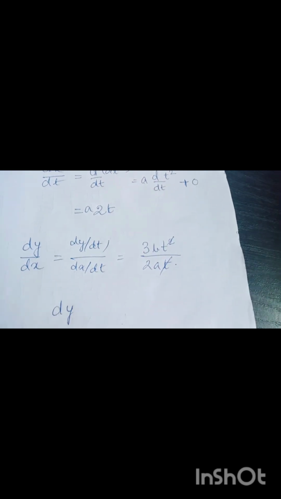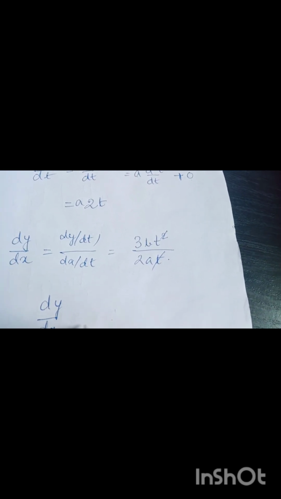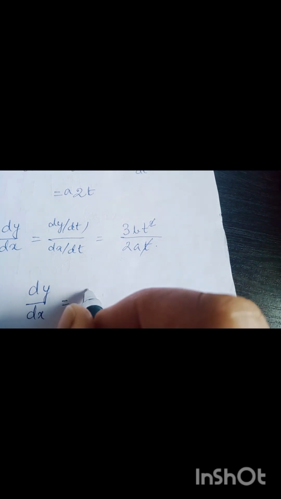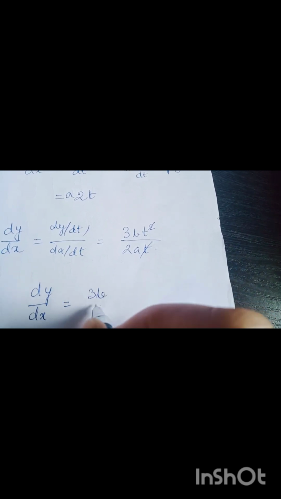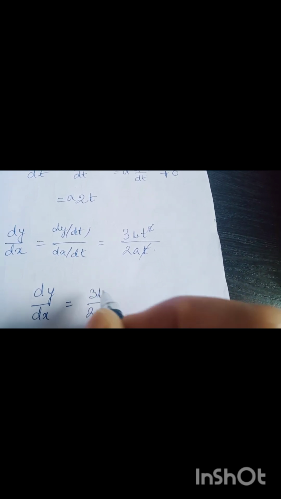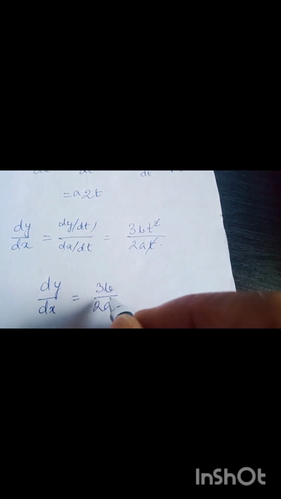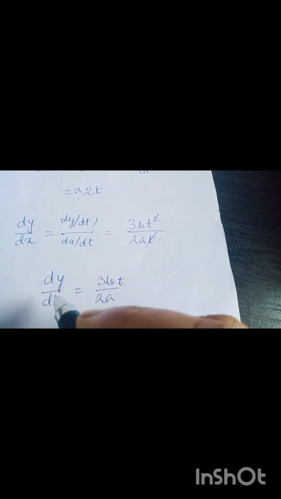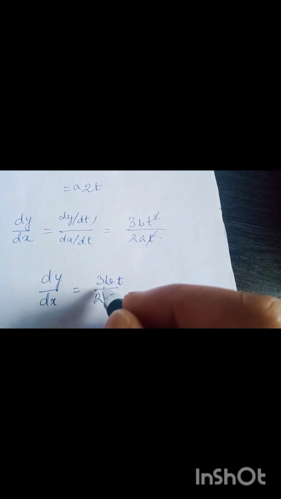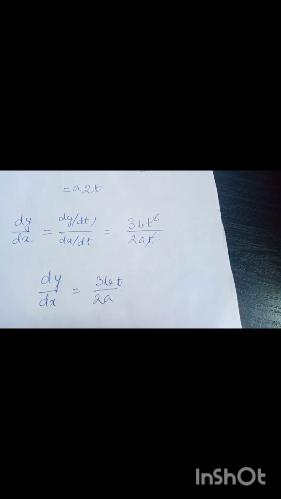So dy by dx is equal to 3b by 2a times t. In this way we have to solve this type of problem.